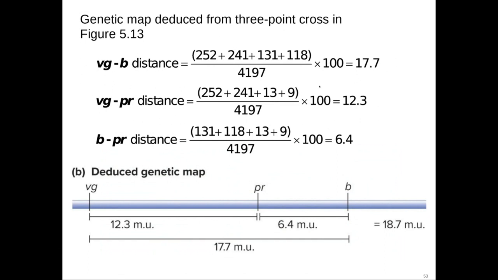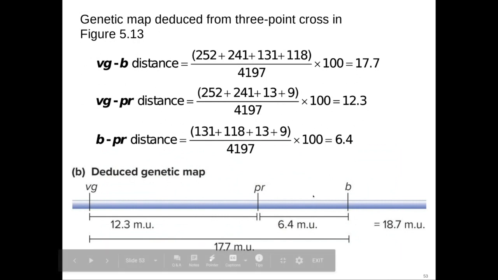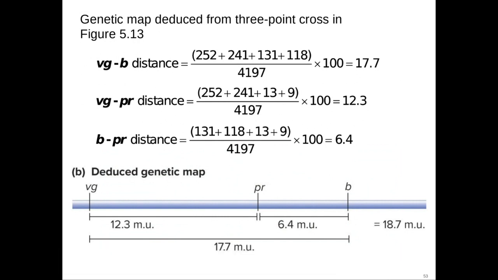The VG to PR distance is the same idea, giving us 12%, and the B to PR distance gives us 6.5%. Remember, these distances are equal to our map units, or centimorgans, right?